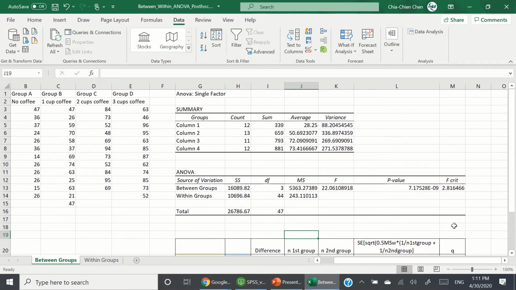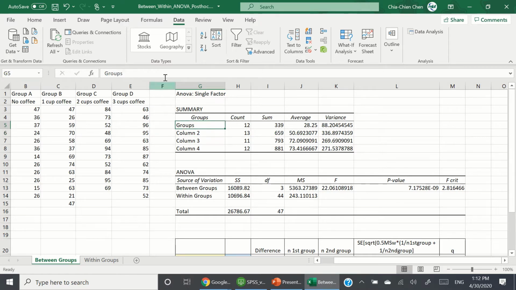So it'll tell you that your column 1 would be your group A, and this would be your group B, column 2, and this would be your group C, and this would be your group D. So what you can do is you can change this right now.